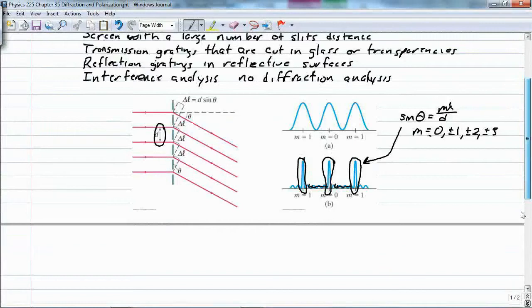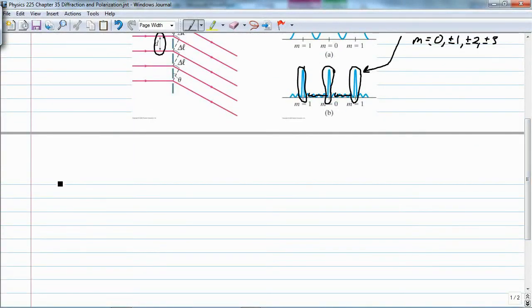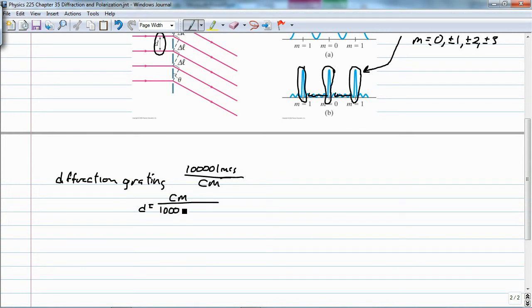So if we are given a problem that says we have a diffraction grating of 10,000 lines per centimeter, then d is going to be centimeters over 10,000 lines.